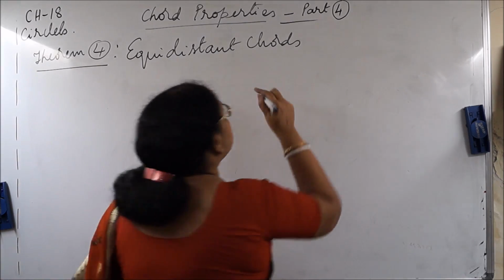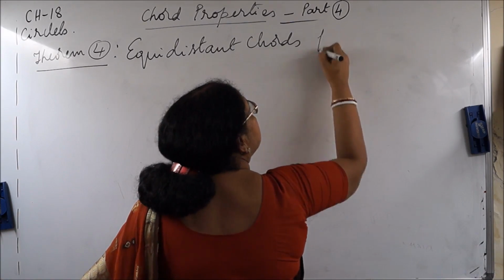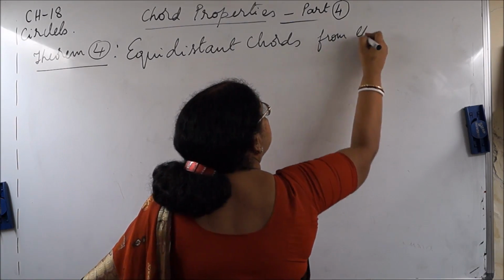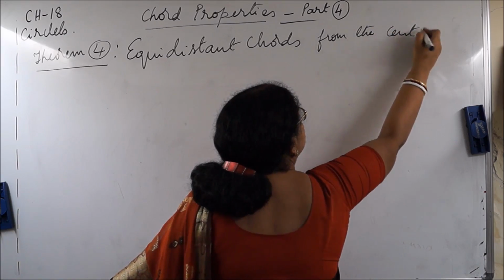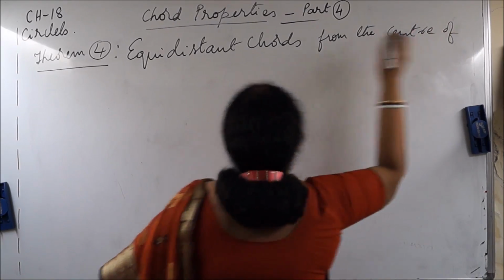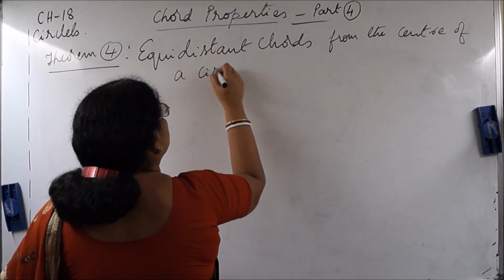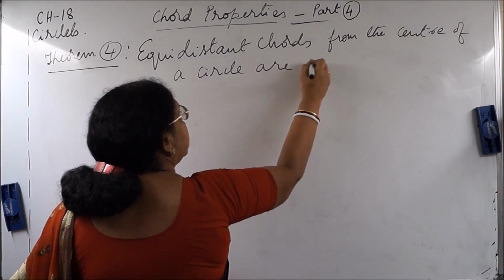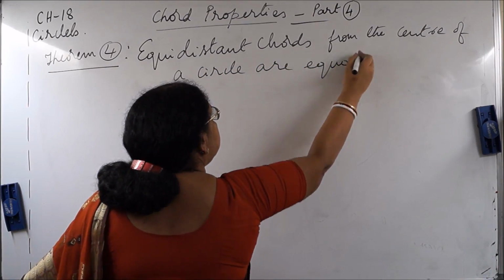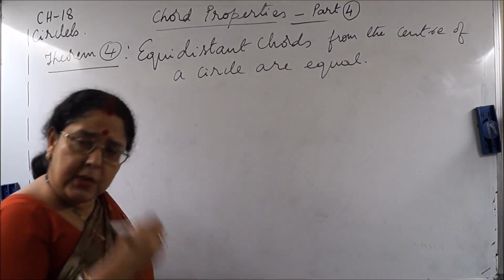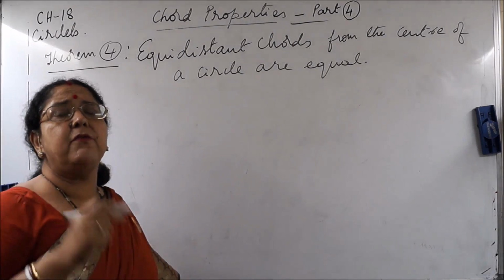From the center. So equidistant chords from the center of a circle are equal.